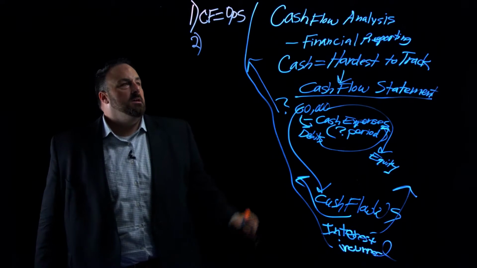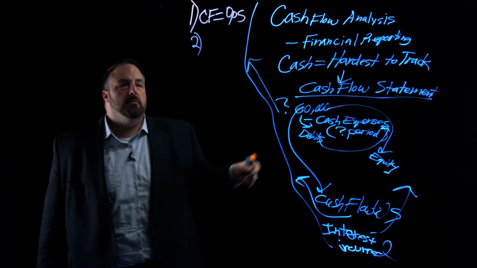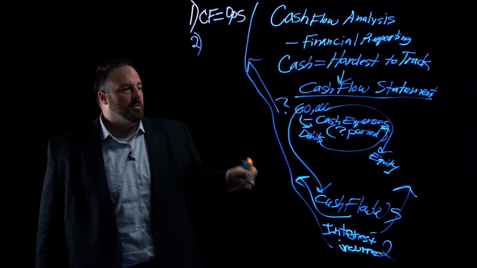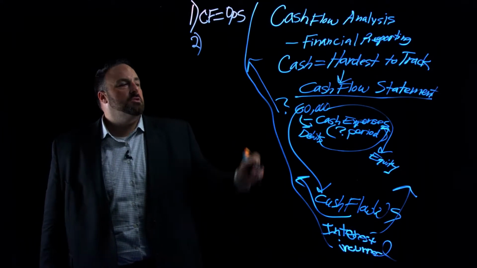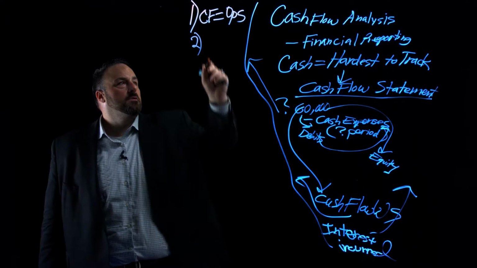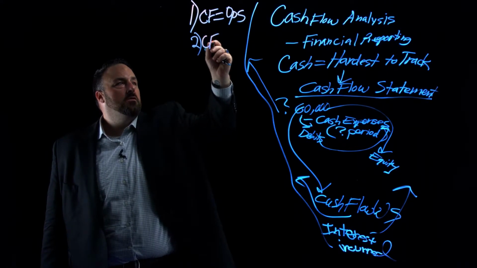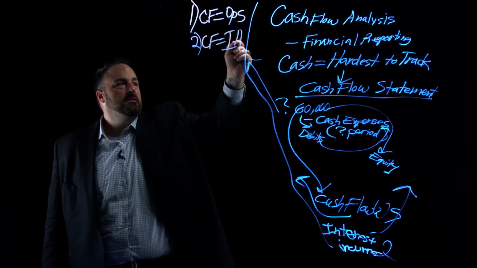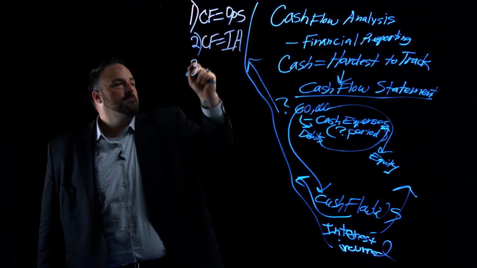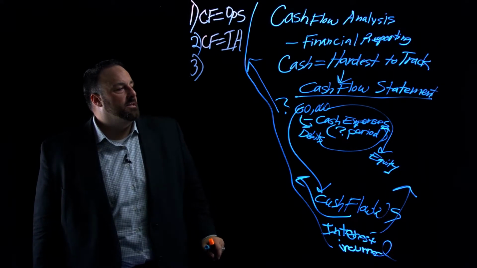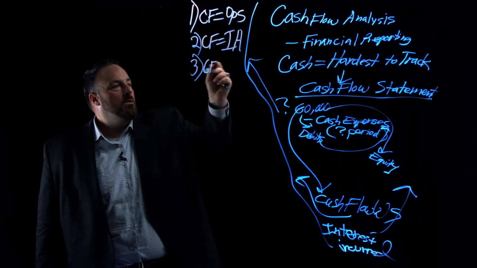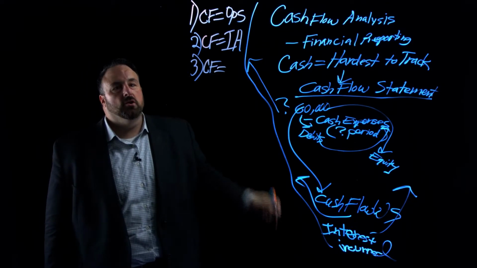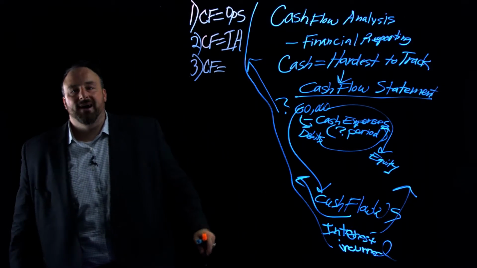Investing activities: depending on the type of business, as discussed previously, businesses invest in all different types of activity. Sometimes they use cash for it. So cash flow, investing activity. And lastly, we need to actually conduct business. How do we do that? Financing activity.